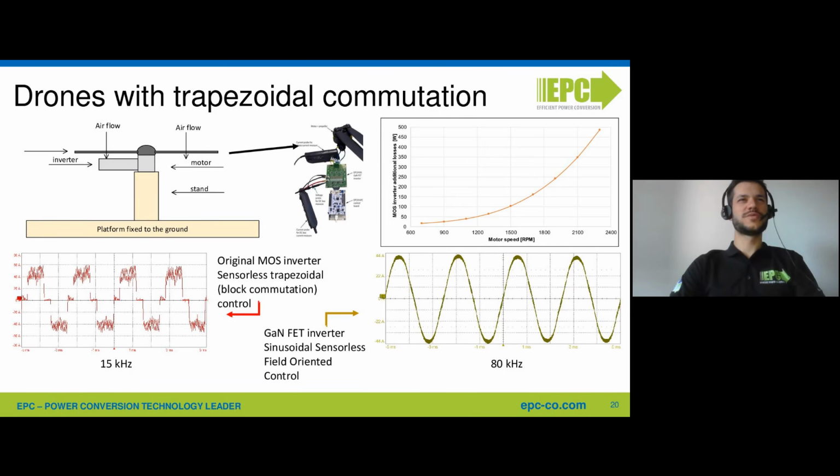So in the test that we have done in our lab, we bought off the shelf a complete propulsion system. A propulsion system is a system which in a drone can be directly connected to the batteries. So it's made of an inverter, the motor, and the propellers.